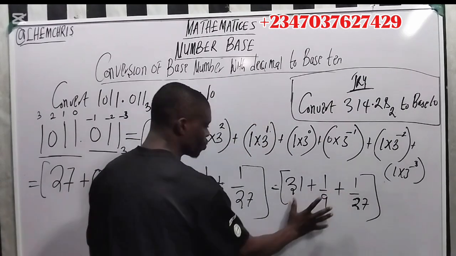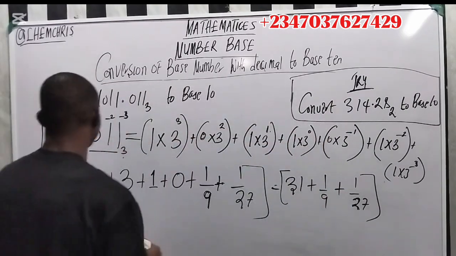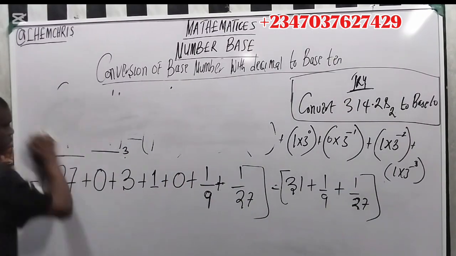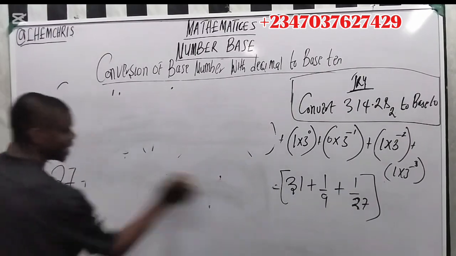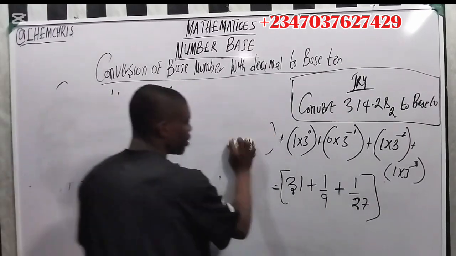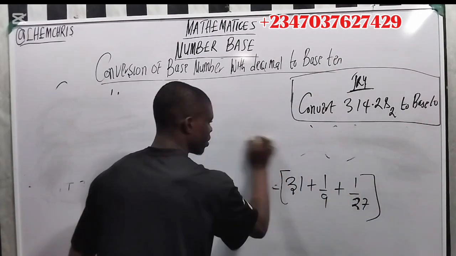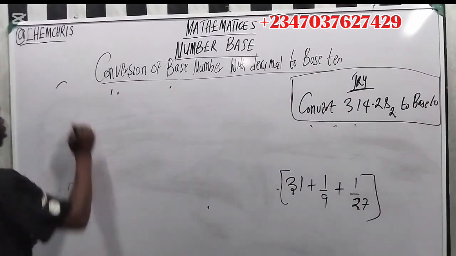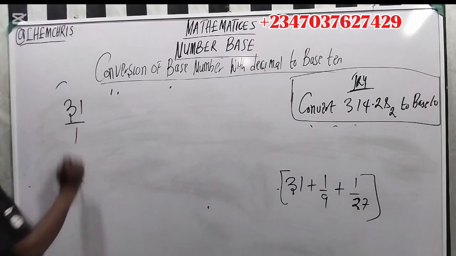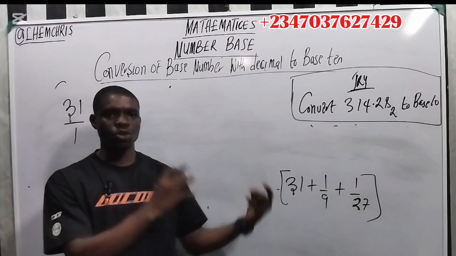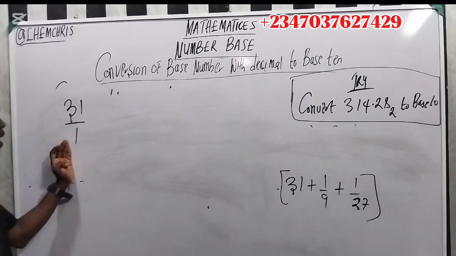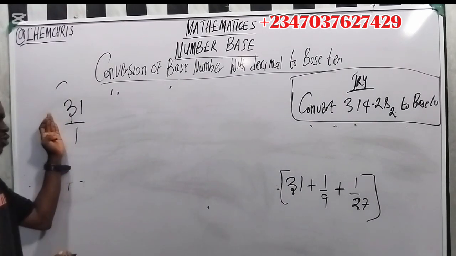So let's wipe the whole of this place out now, so we can solve this one. What we need to pay close attention to is this here. So it's going to be 31 over 1, right? Because we have numerator and denominator. The reason why we put 1 here is because 31 divided by 1 is the same thing as 31, right?